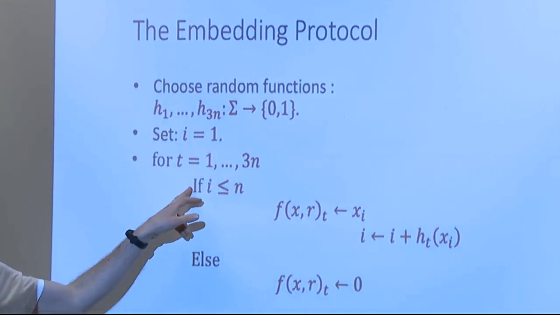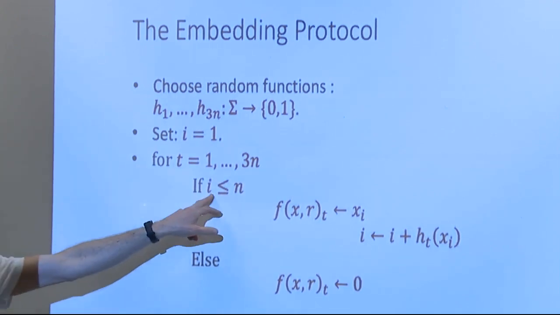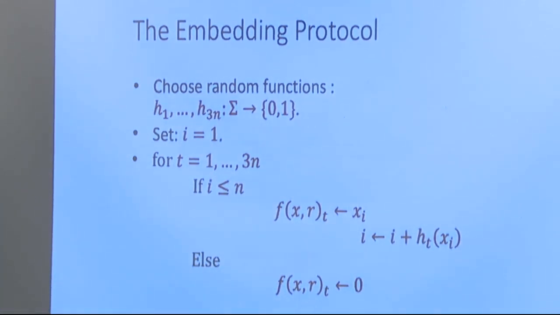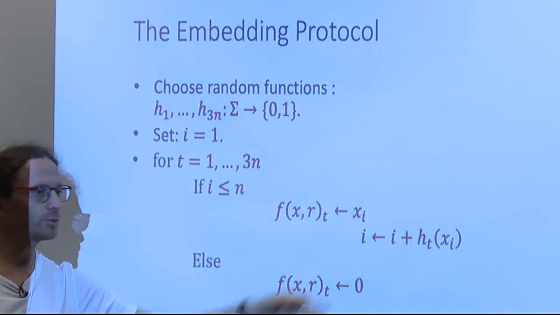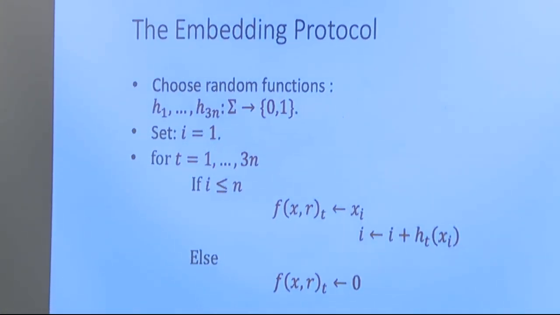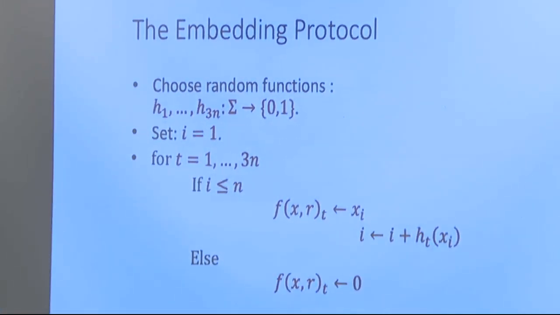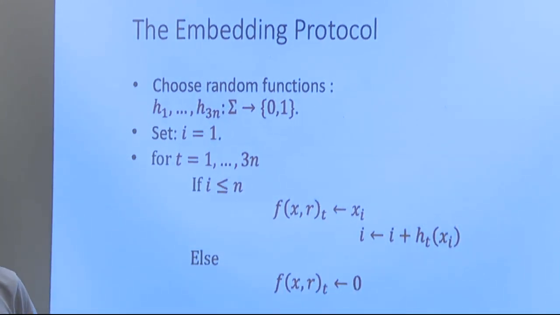Then in each iteration, if we don't reach the end of the string, if the pointer I is smaller than n, then the t-th character of the embedded string would be x_i. Then we choose whether to increment this pointer I according to the random function applied on the current character x_i.